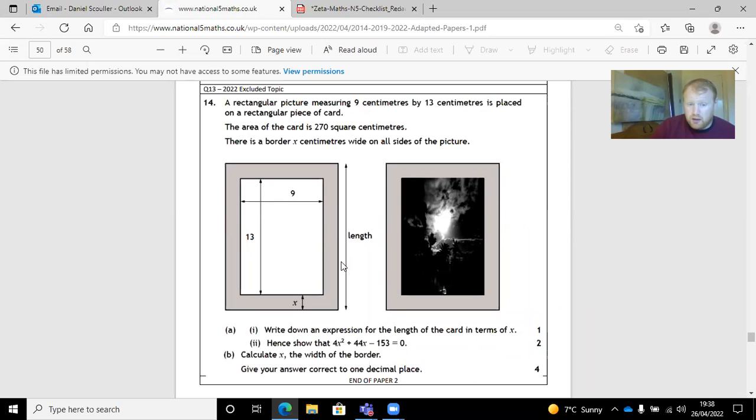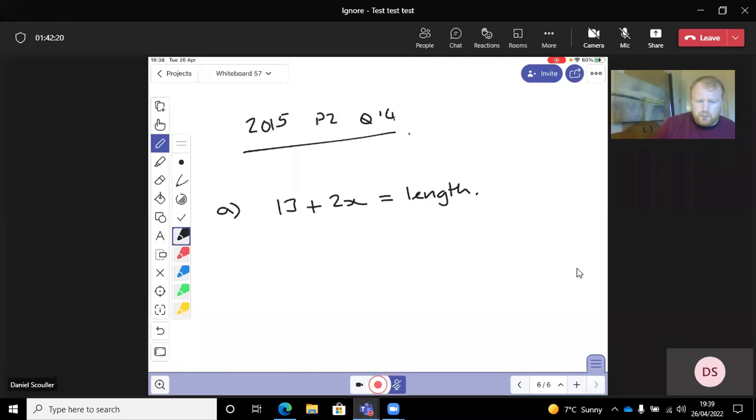So you equate these two expressions multiplied together to that area, and then you solve it to come up with this. I said a lot of words there, so let's just write that out. Part B: we've got an expression for the length, so now I want an expression for the breadth. Breadth is equal to 9 plus 2x.